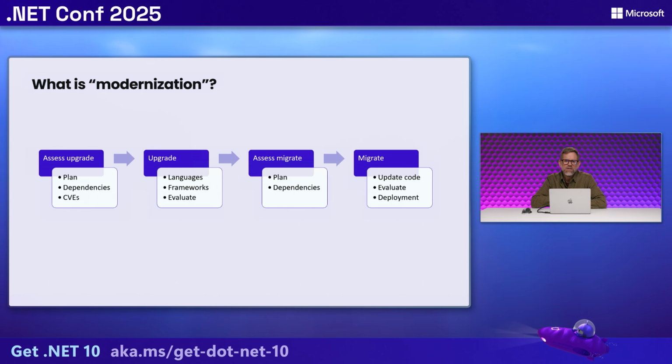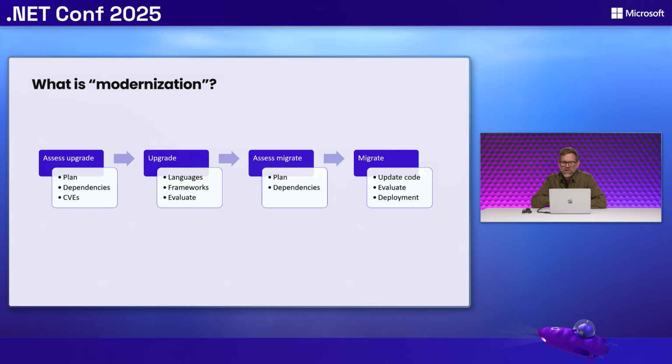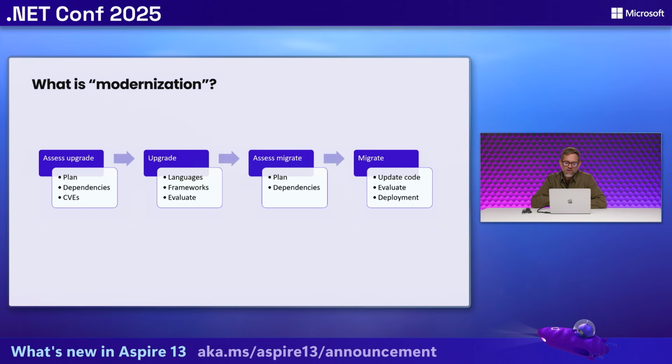The next step is migrating. Part of the modernization is the upgrading, and then next migrating to Azure. You don't have to do the migration if you don't want to. You could just do your upgrading, going from .NET Framework to .NET 10, let's say, and be done with it. But if you wanted to keep on going to the Azure migration, which, as a cloud advocate who loves my cloud, I would recommend, it's the same kind of thing.